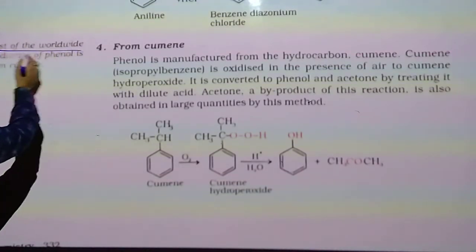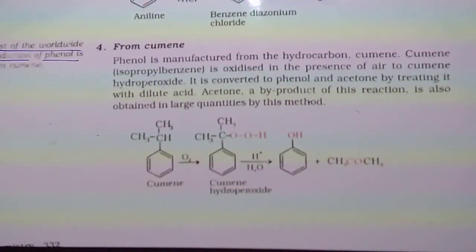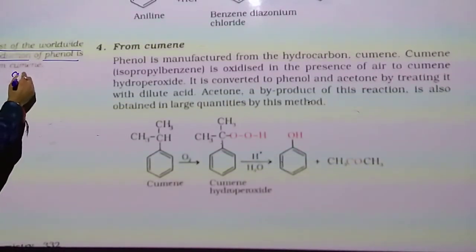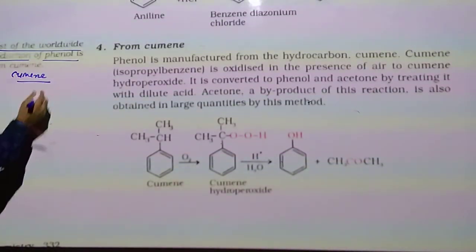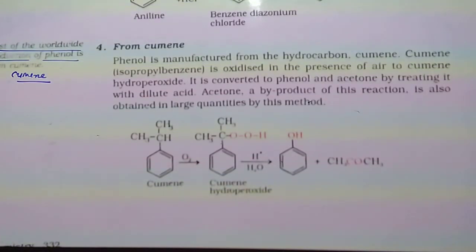Most of the worldwide production of phenol is from cumene. So in honor of the scientist, this is called the cumene method.